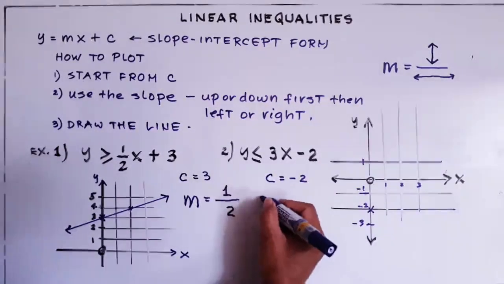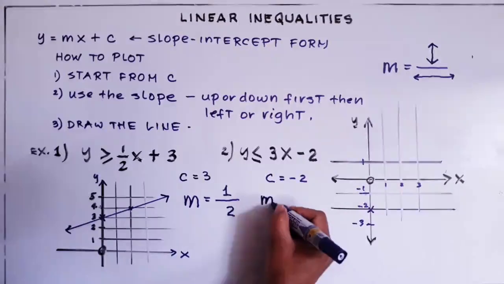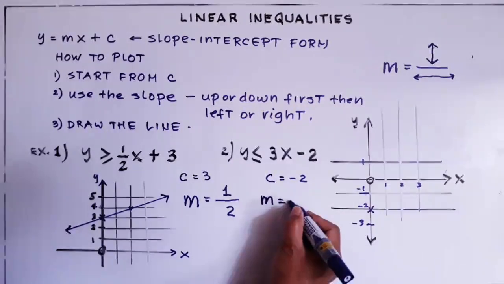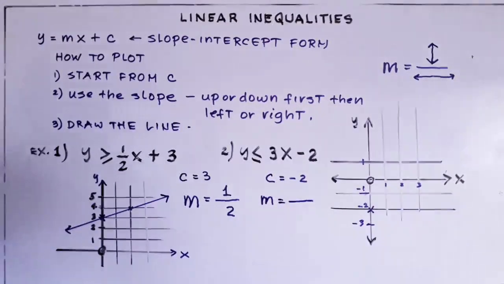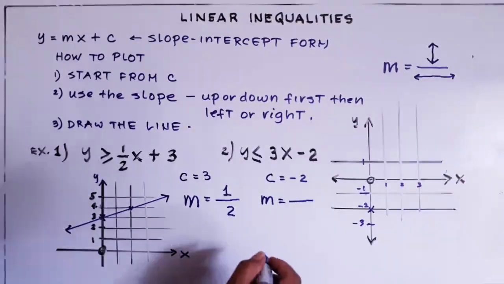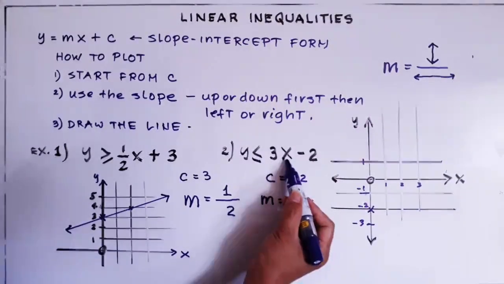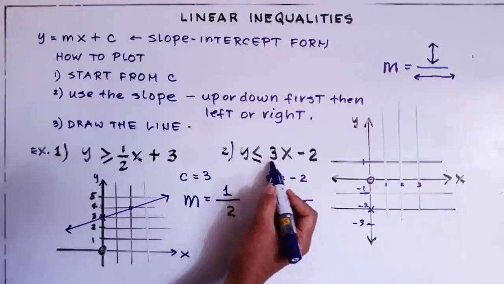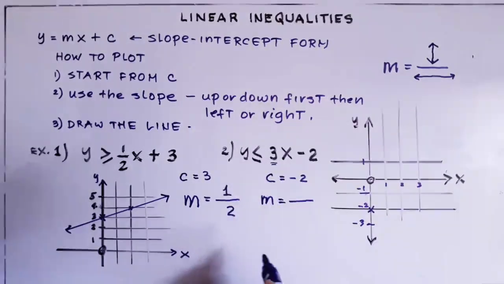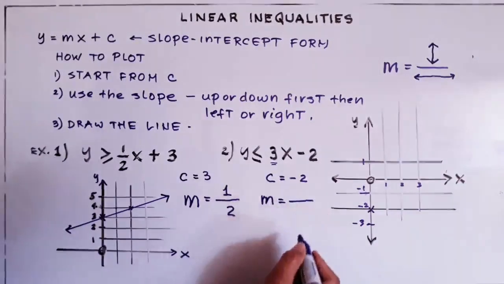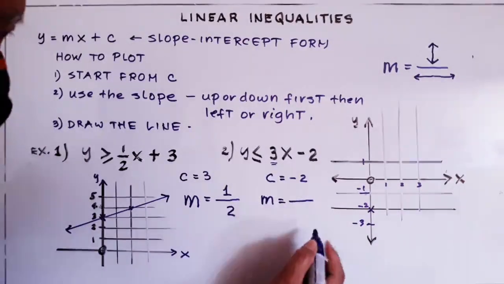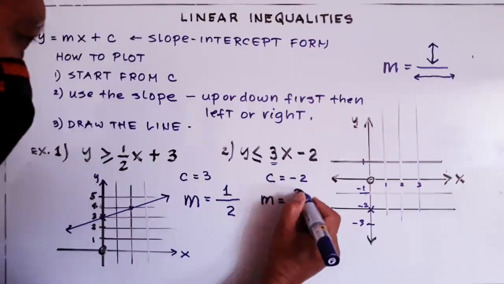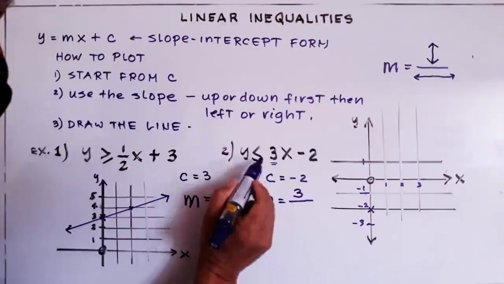And then we find the m because we cannot go without this direction here. This will tell us where to go. So this one is the numerical coefficient of x. And what's the numerical coefficient of x? It's only one number. It's 3. So how do we make it two numbers? We make it two numbers by placing 1 below the fractional bar. So we have a 3 here, make sure, what's the sign?